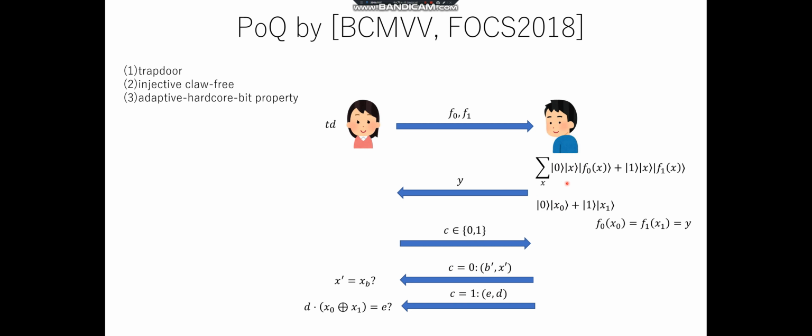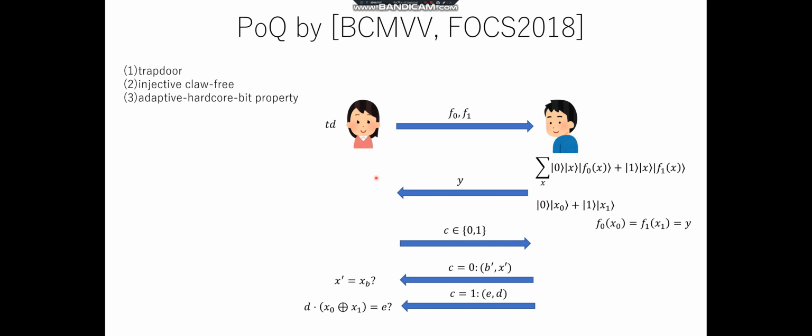First we run this algorithm, and then we input c equals 0 to this prover. Then the prover outputs this value. And then we rewind the prover before this step, and we input c equal to 1 to this prover. Then the prover again outputs this. So this means that the classical prover can output both this and this.